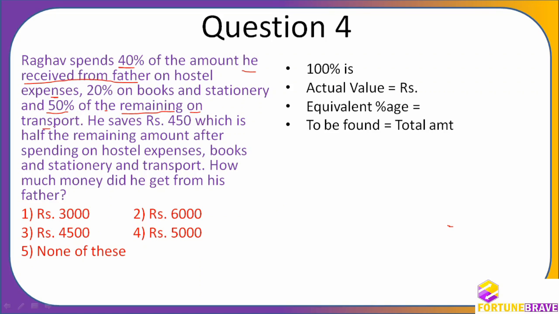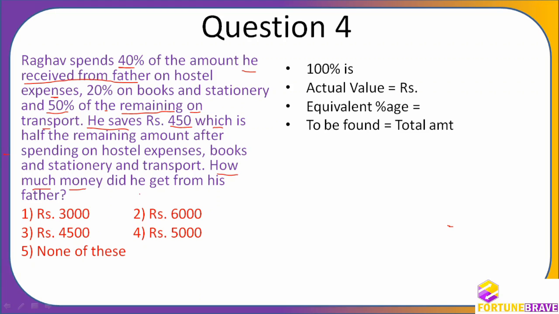So it is one level higher now. Same kind of question, but there is a little bit different thing that we need to understand. He saves 450 rupees, which is half the remaining amount after spending on hostel expenses, books and stationery and transport.